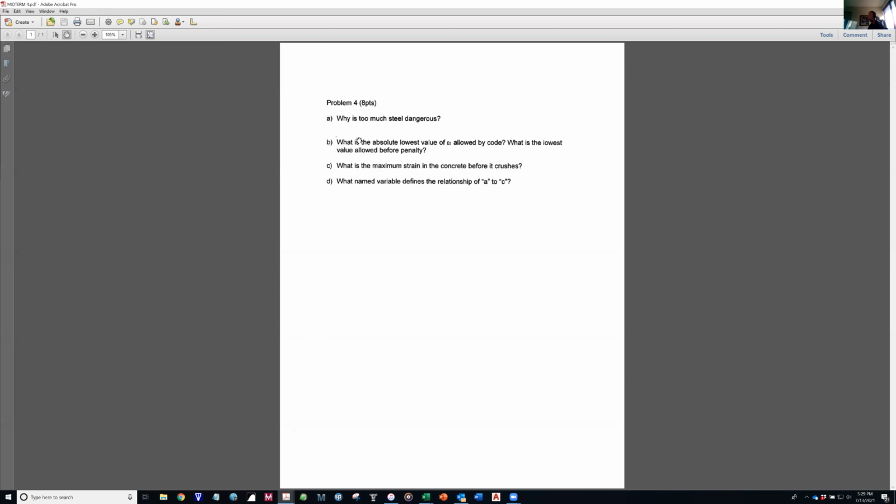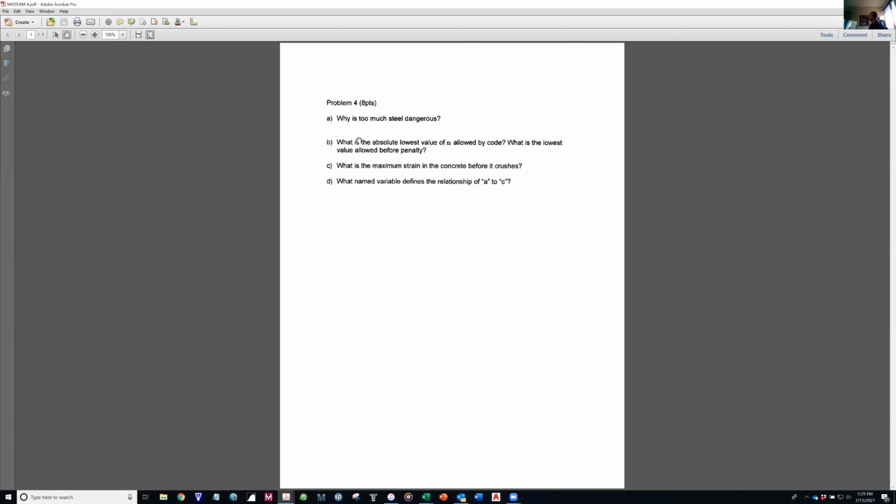And because the steel won't yield before the concrete crushes, you have a situation where you have no warning, no prominent cracking, no big deflections, no signs of obvious distress so that you can vacate the building before there's a problem. A lot of you got the no warning, no cracking, but the other part of it was that the steel doesn't yield when the concrete crushes. That was part of the key to that one.